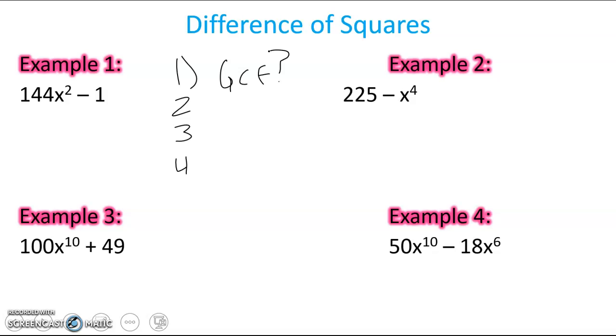Now, secondly, with difference of squares, the first thing we look for is, do we have a subtraction sign? All right, so subtraction.